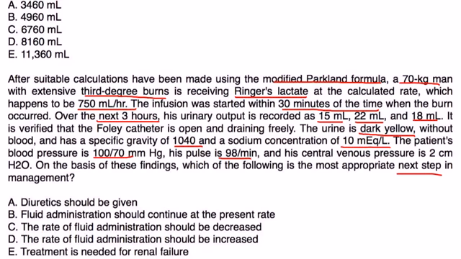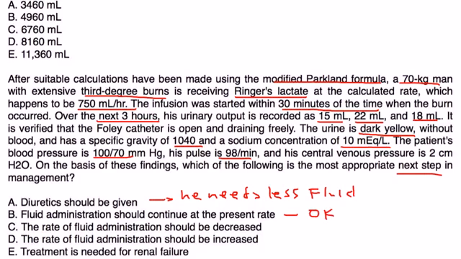Okay, well, let's go through these. Diuretics should be given. Well, this means that he has received too much fluid. So if this was correct, that would mean that he needs less fluid. Okay, let's look at the next one. Fluid administration should continue at the present rate. So this means that everything is okay.